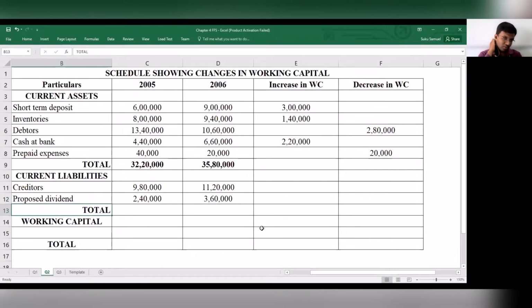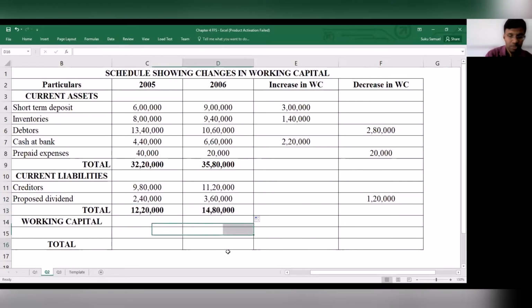Proposed dividend has increased from 2,40,000 to 3,60,000. When proposed dividend increases, working capital will reduce by 1,20,000. Let's total this up. This will be 12,20,000, and here it will be 14,80,000.